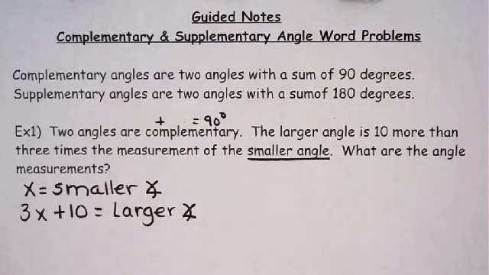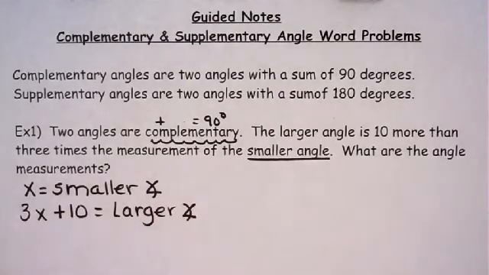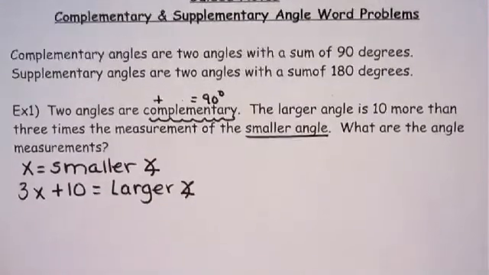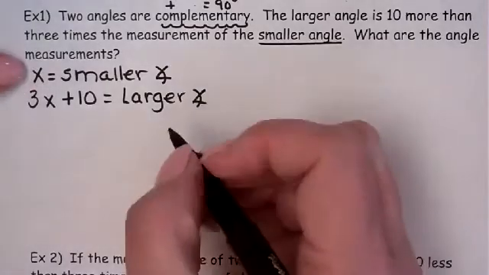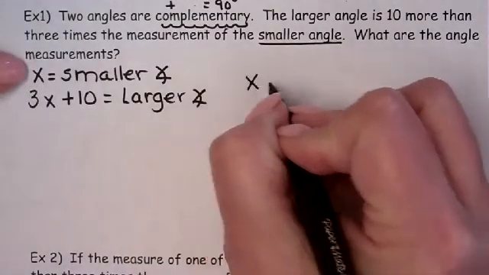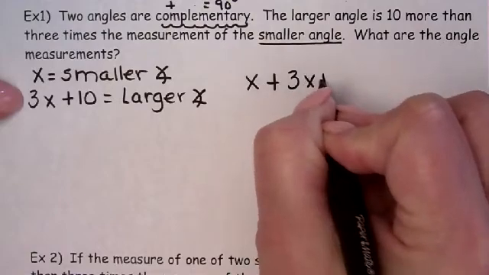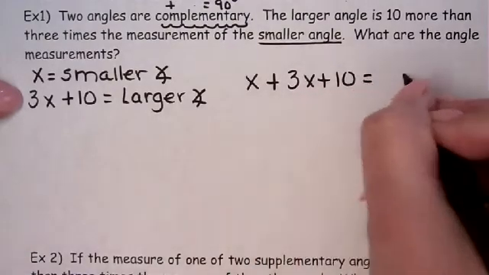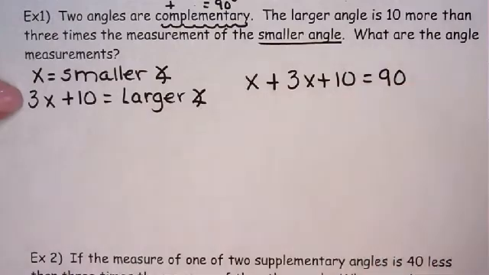Now, it says right here that they are complementary. So that tells me I'm going to add them up and they're going to equal 90 degrees. To set up my equation, I'm going to take my small angle, add to it my large angle, and make it all equal to 90 degrees.